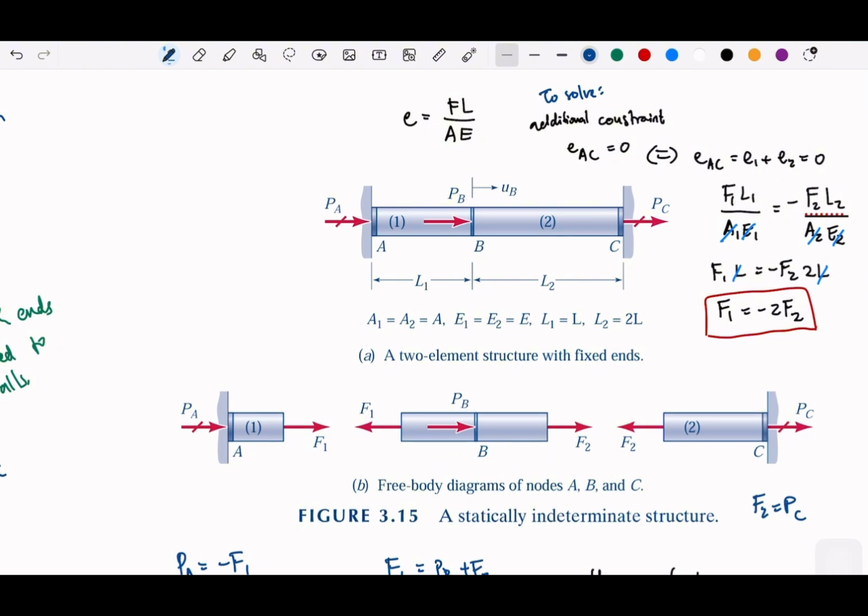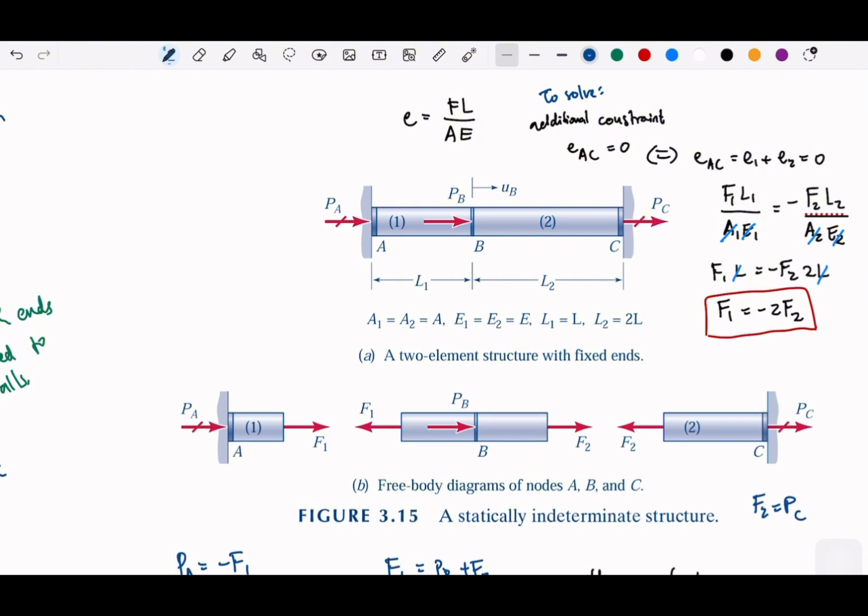And one equation that can be added is the elongations. We state that the elongation of material 1 and material 2, if we add them, because we fixed these two into the wall, the total elongation should be 0. So there will be slight changes between 1 and 2, but at the very end, the total elongation will be 0.